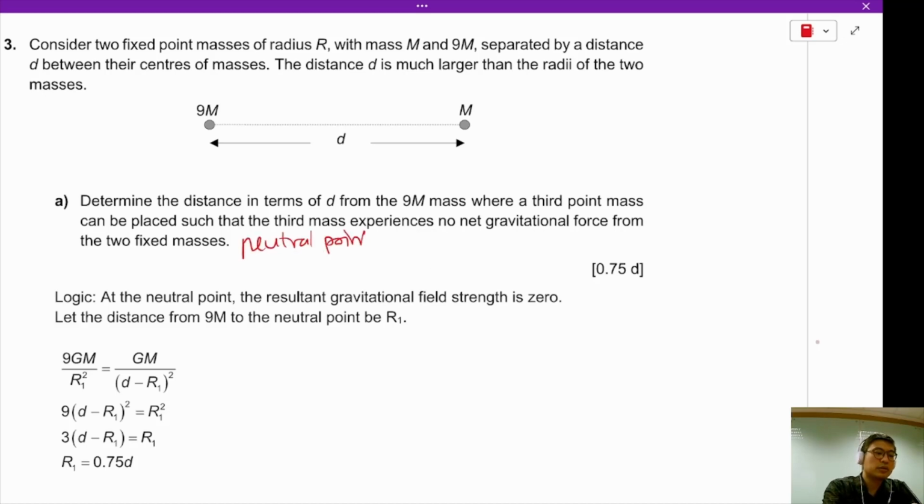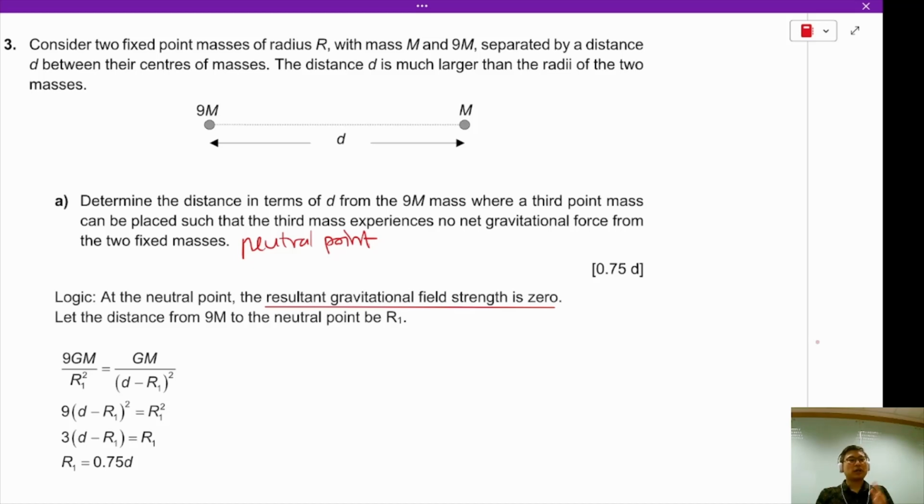So how do we solve this question? At the neutral point, the resultant gravitational field strength must be 0. So let the distance to the gravitational neutral point be r1. Now, thinking about it, if there's a planet with mass 9m, the gravitational field must be quite strong.